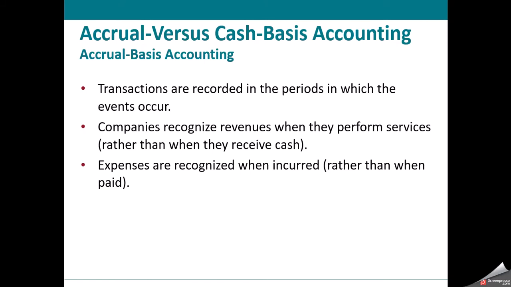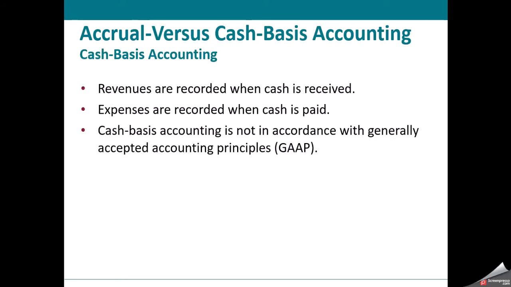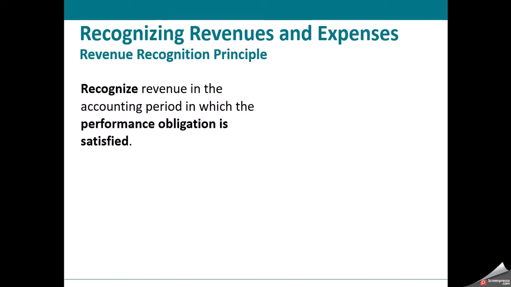As they pay it, they charge off the expense, and as they receive the cash, they record the income. But large publicly traded companies follow GAAP, generally accepted accounting principles, and use accrual-based accounting. So again, the cash basis would just be that as the cash comes in or goes out, that's when you record it, but that is not generally accepted accounting principles.